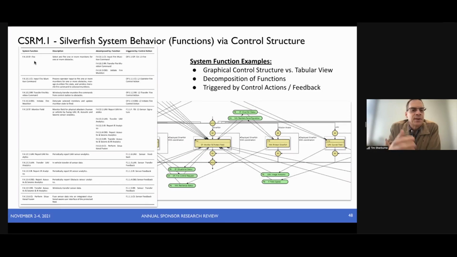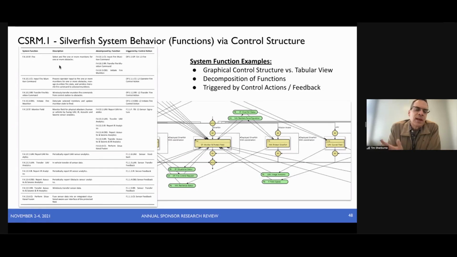Since it's a layered model, we have the relationships: this top level firing is initiated by this fire control action, but then it's decomposed by these three functions, where part of it is the control station and the radio relay transferring that message to the actual obstacle which implements the firing.